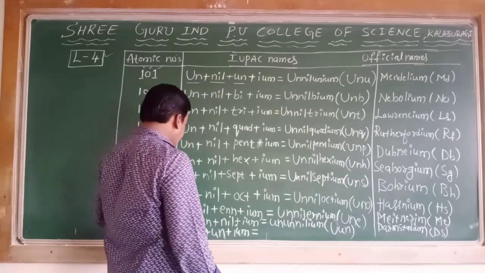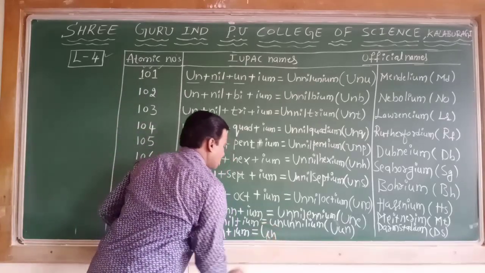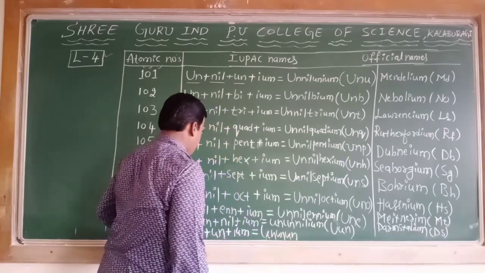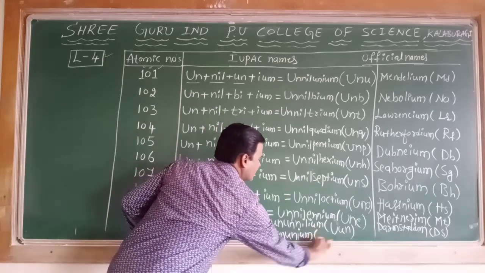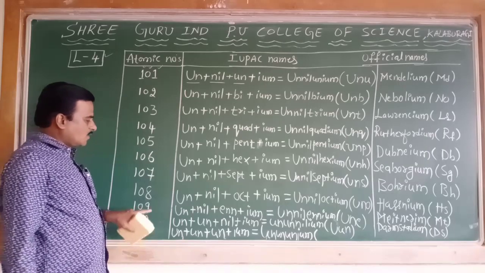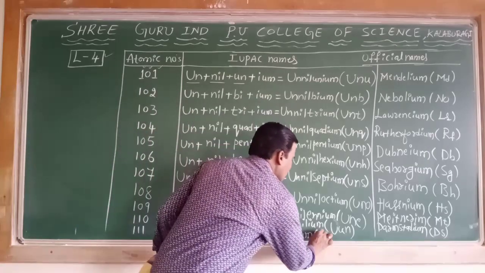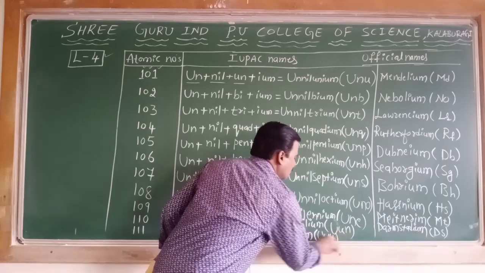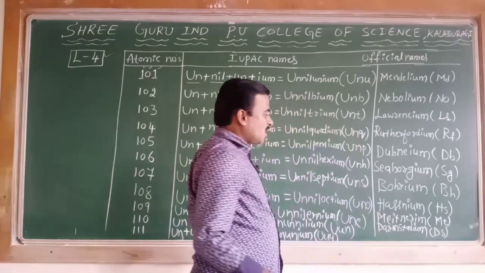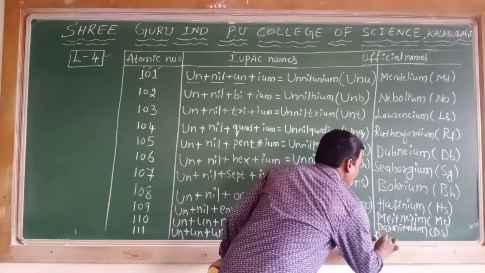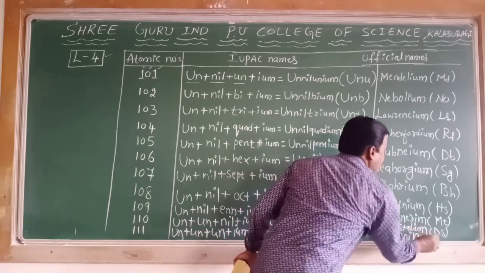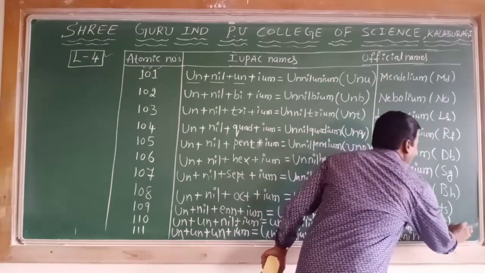You can write unununium, symbol Uuu, and the official name of this one is roentgenium with symbol Rg.